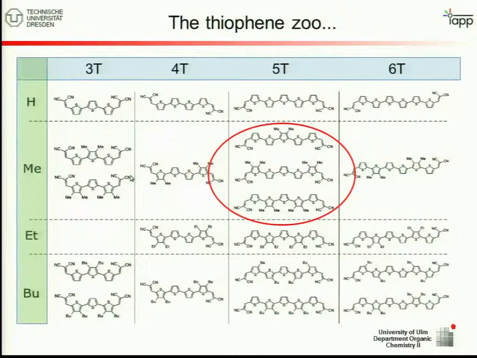And when we carefully investigated that, we found that these molecules, the 5-ring, seem to be close to optimum, and we now investigate especially, I'll show you results for 3 different molecules which are almost identical, except that these methyl side groups are slightly differently located.